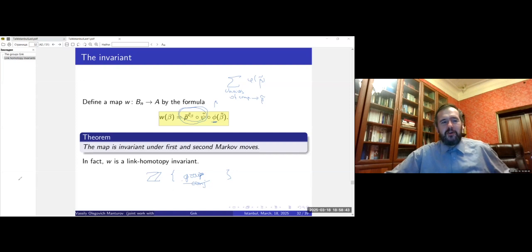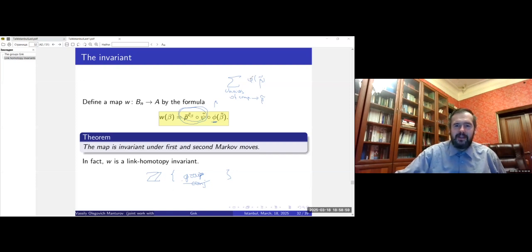So I don't want to bore you, but I will just tell you a couple of details. What can we expect from the first Markov move, and what can we expect from the second Markov move? First of all, if we conjugate a braid somewhere here, then the GN3 invariant of that braid will get conjugated. So this map phi to GN3 will get conjugated.